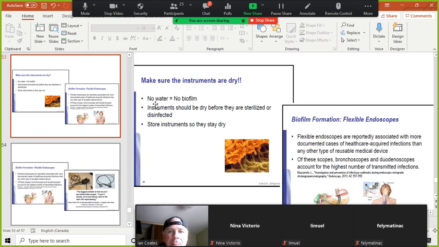If there's no water, then there's no biofilm. So we want to keep instruments dry. We want to keep things dry. A big thing is, if you have a leaky shower or faucet and the water is going in behind the drywall in the wall, because if you've got water, there are spores back in the wall that are just sitting there.